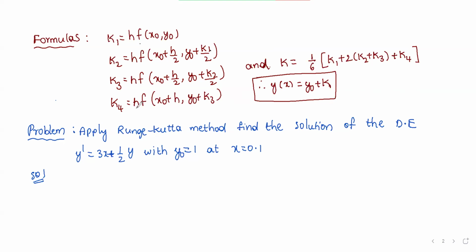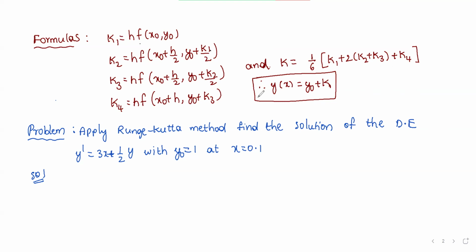And similarly, K4 is equal to h into f of x naught plus h, only h, comma y naught plus the previous value K3. And also, the very important point, K is equal to 1 by 6 into K1 plus 2 into K2 plus K3 plus K4.